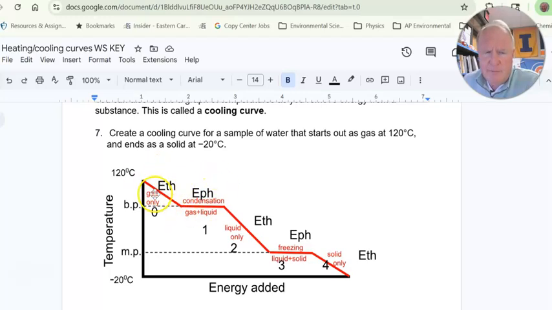And so if we give you water starting at 120 degrees and we cool it down to 50, we're going to ask you to determine how much energy was needed to be pulled out of the system, or out of the water. And so you're going to have to take the thermal change right here as a gas, and then you're going to have to do the phase change from gas to liquid, and then you're going to have to do the thermal change here as a liquid.